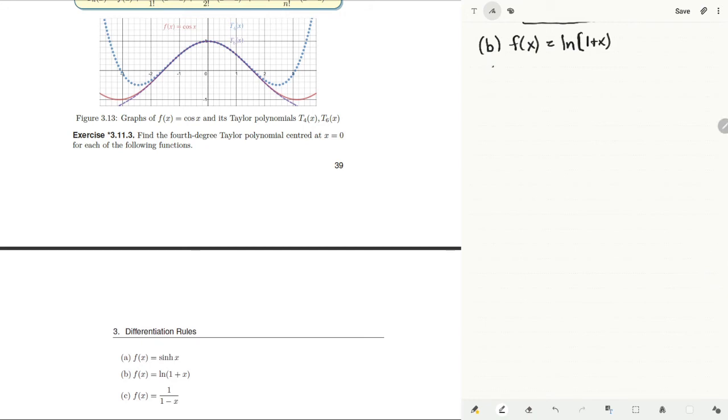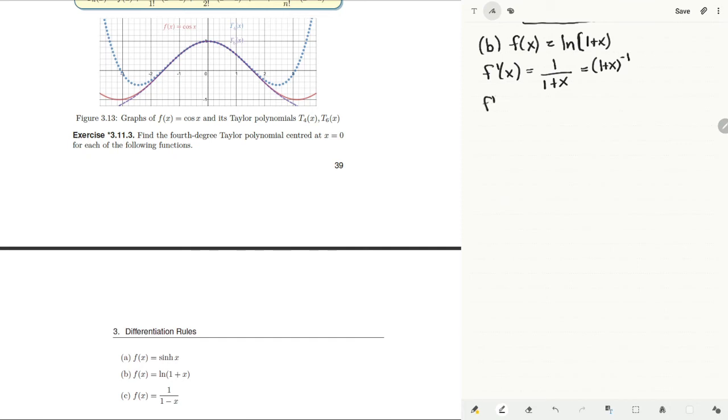So now let's find the fourth degree Taylor polynomial for the ln of 1 plus x. So we need the fourth derivative. So f prime is 1 over 1 plus x. And by the chain rule, we multiply by the derivative of 1 plus x, which is 1. And we can rewrite this as 1 plus x to the negative 1.